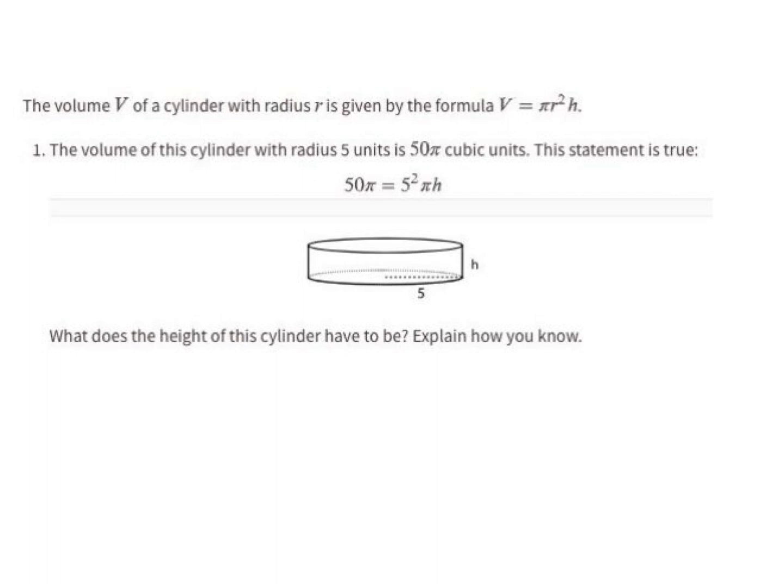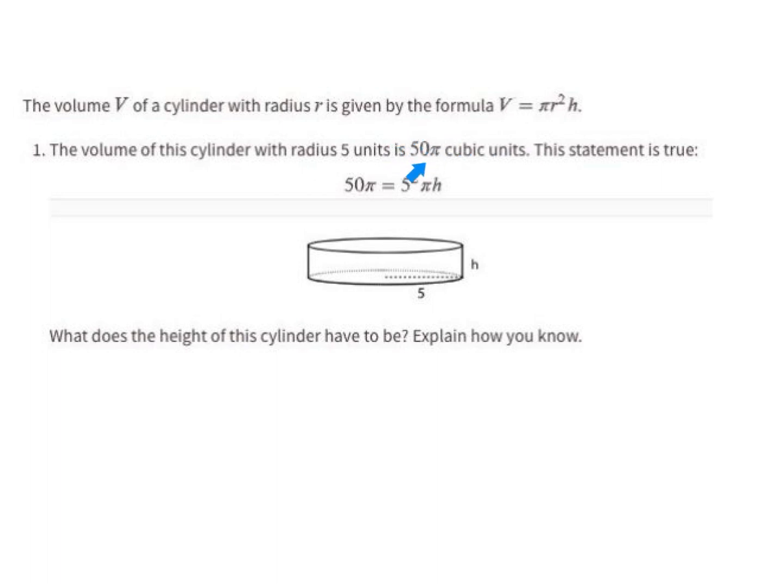All right, so the top of our page says the volume V of a cylinder with radius r is given by the formula. We did this formula last Thursday: V equals pi r squared height. So that's the formula we've looked at. They say the volume of the cylinder with radius of 5 is 50 pi cubic units.